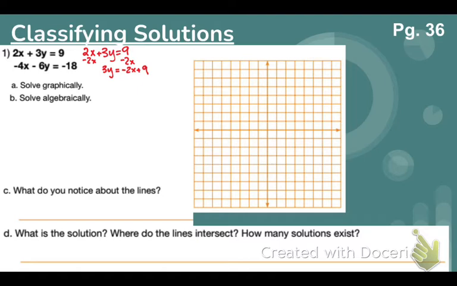So what do we have to do to get that y alone? Yeah, we're going to divide everything by 3. And that gives us the equation y equals negative 2/3 x plus 3. And we want to graph that.